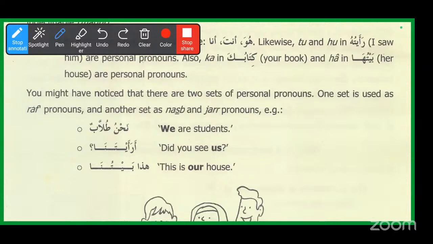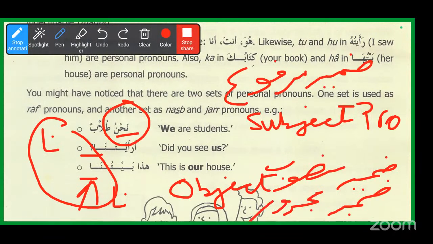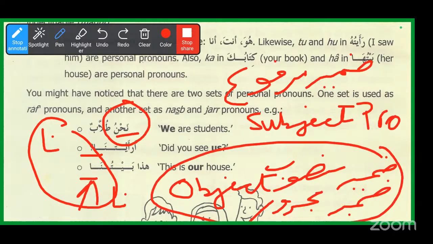In the marfu state, it will always be huwa huma hum, hiya huma hunna, anta antuma antum, anti antuma antunna, ana nahnu. And in the object state, now listen carefully. In the object state, either the dhamir is mansoob or majroor, it will be dealt with as it is in the object state.